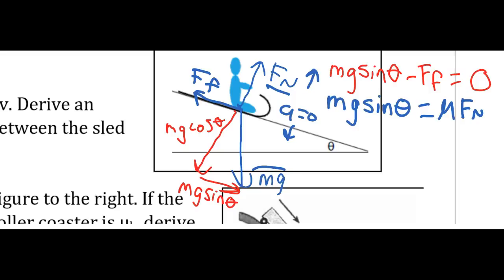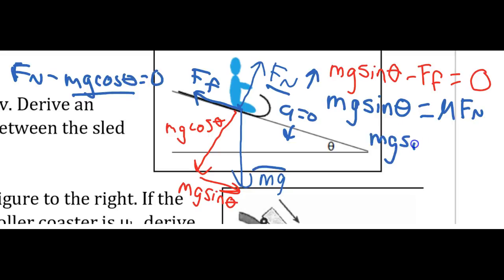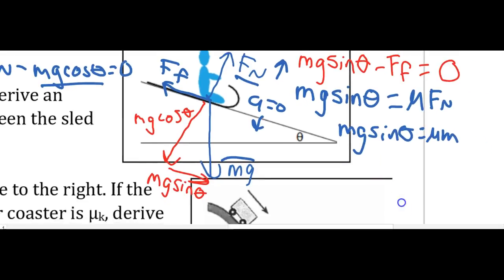So if I did my Fnet statement in the y, I would say Fn minus mg cosine theta equals 0 as well there. So then I know I could add this to the other side, and so Fn equals mg cosine theta. So this becomes mg sine theta equals mu mg cosine theta.